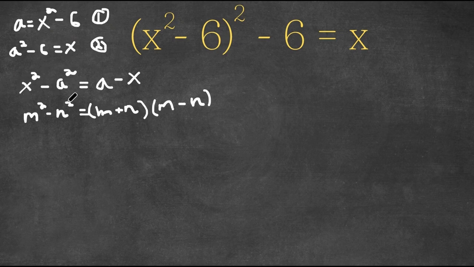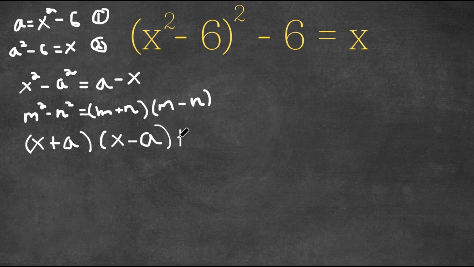Meaning x² − a² is equal to (x + a) times (x − a). And now if I add x on both sides, we would get plus x. And then if I subtract a on both sides, we would get minus a. And because there's nothing left on our right-hand side, we would simply have 0.